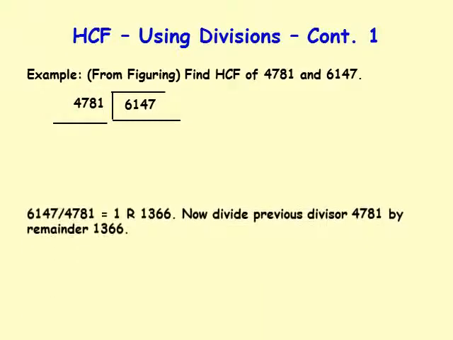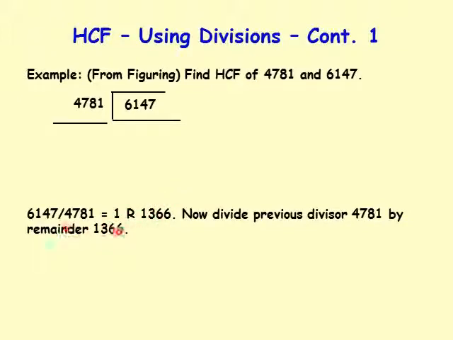If I divide 6147 by 4781, I get 1 remainder 1366. If I subtract 4781 from 6147, the remainder is 1366. Now we'll divide the previous divisor, which is 4781, by this remainder 1366.